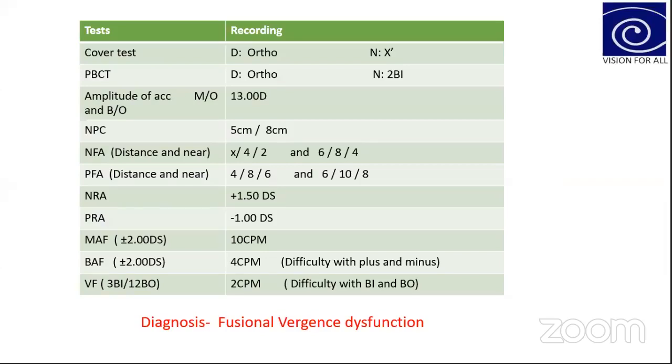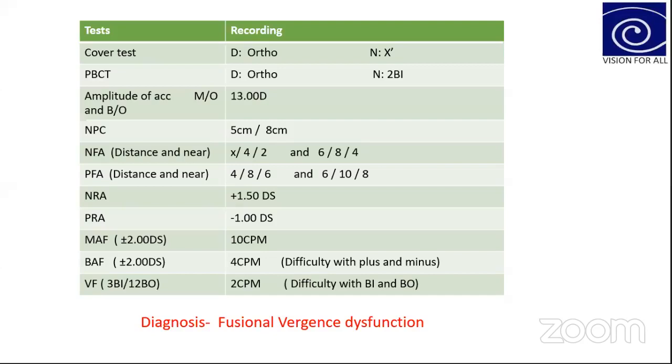In fusional vergence dysfunction, both the convergence and divergence are affected.